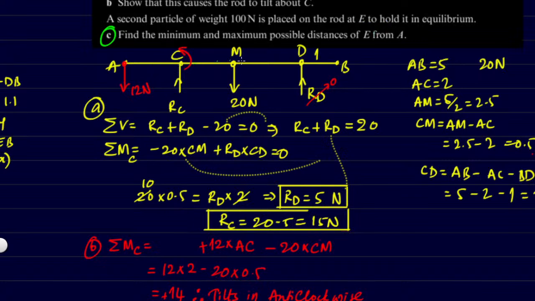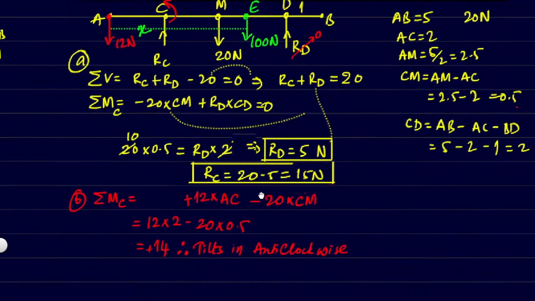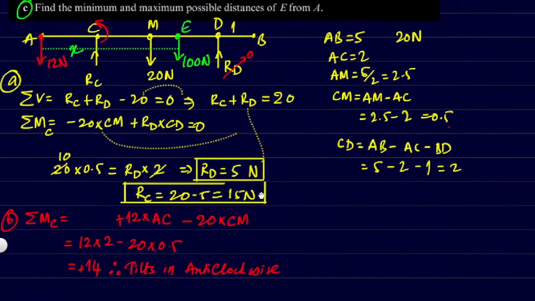So to hold it in equilibrium, we have to add it this side, right? 100 Newton is the weight. The distance he is asking us to find now is the E to A distance. So let us take this distance as x. In the C bit we have to find that distance x.